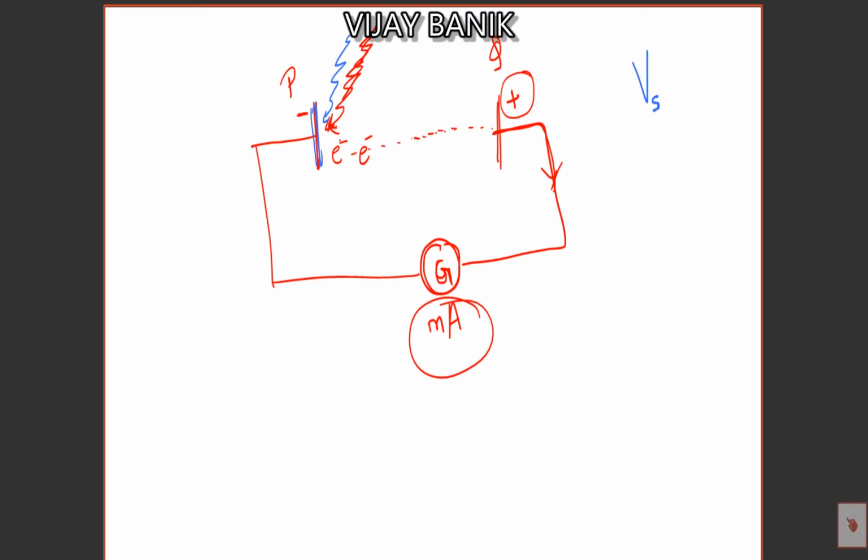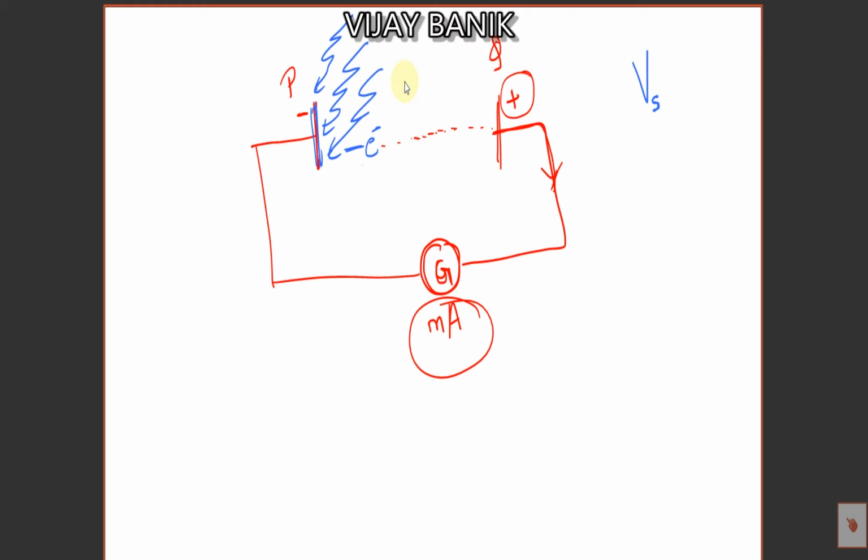So when we shine a light more than threshold frequency on P, electrons get emitted, and when the electrons get emitted, they get attracted towards this positive plate over here. Now, if we increase the intensity of the light, I hope you know what intensity means. Like when you see a torch light very close in front of your eyes, it's very intense, right? Intensity actually means brightness.